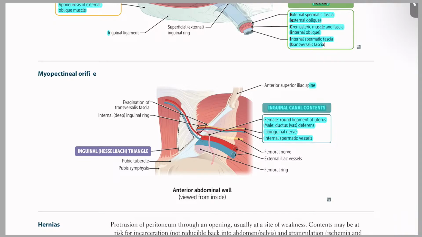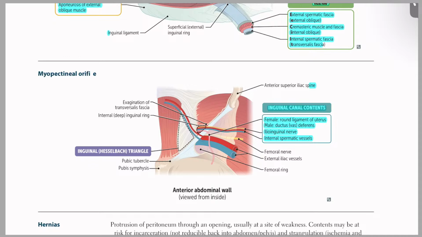Myopectineal orifice. Anterior superior iliac spine. Inguinal ligament, Hesselbach triangle. Pubic tubercle, pubic symphysis. Anterior superior iliac spine.